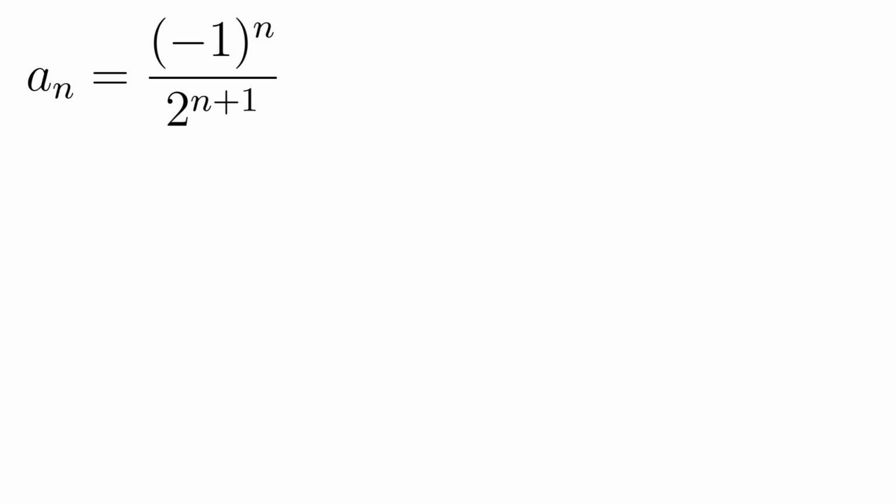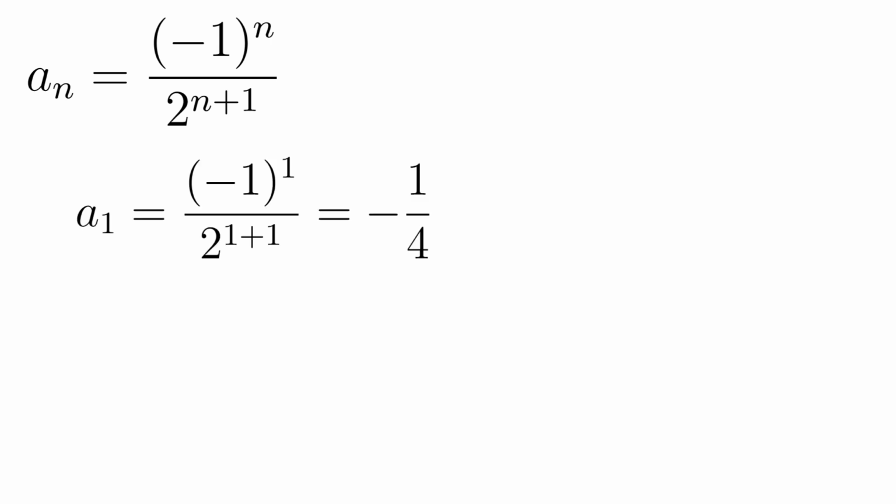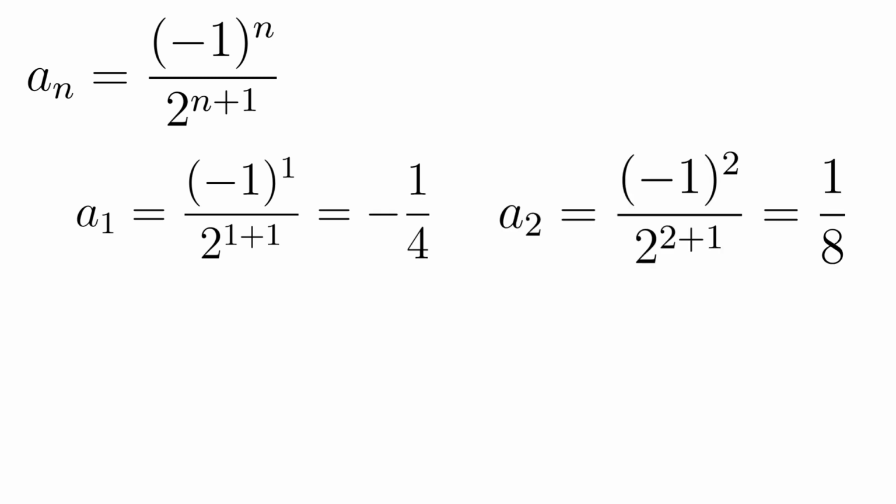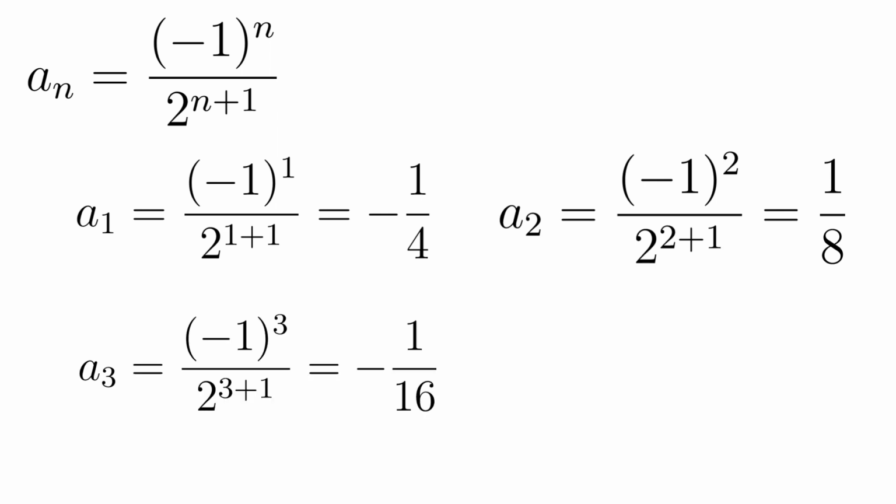Using the natural numbers 1, 2, and 3 in the formula for the nth term yields a sub 1 is equal to the quantity -1 raised to 1 over 2 raised to 1 plus 1, which is equal to -1/4. a sub 2 is equal to the quantity -1 raised to 2 over 2 raised to 2 plus 1, which is equal to 1/8. a sub 3 is equal to the quantity -1 raised to 3 over 2 raised to 3 plus 1, which is equal to -1/16. Thus we write the sequence as follows: -1/4, 1/8, -1/16, and so on and so forth.